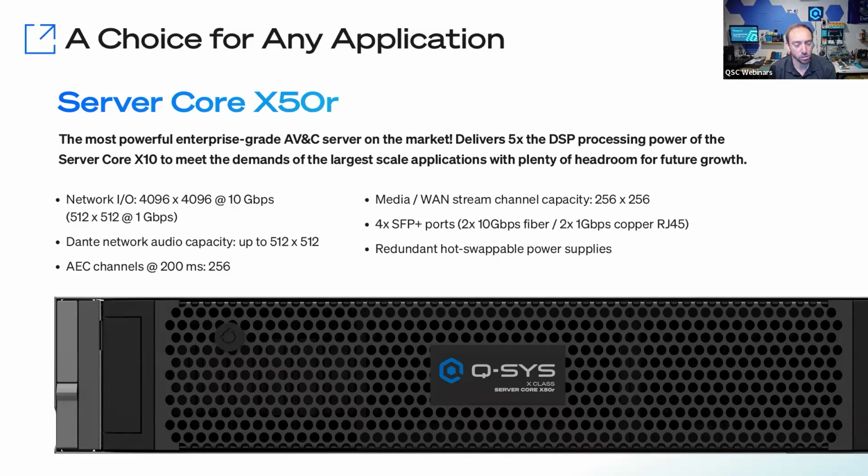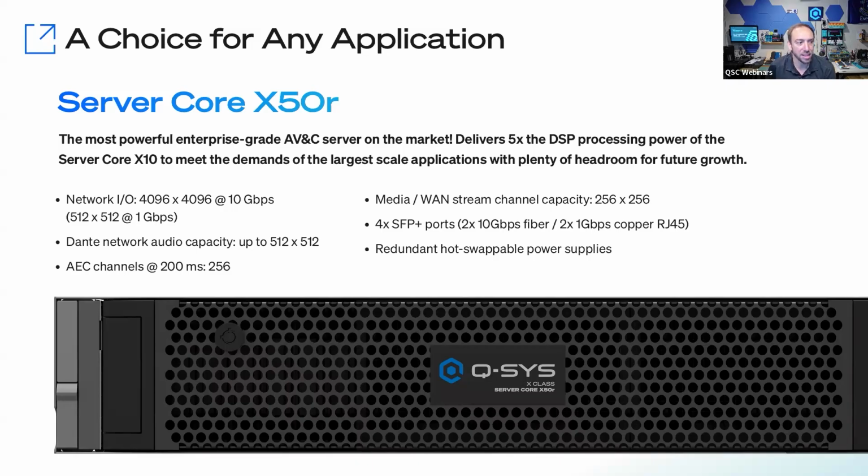The X50 is meant to run stadiums. 4,000 channels of audio when using the two 10 gig SFP ports, 512 by 512 network audio if you are just using the two 1 gig copper ports. 512 channels of Dante, 256 AEC channels. Again, those redundant hot swappable power supplies.